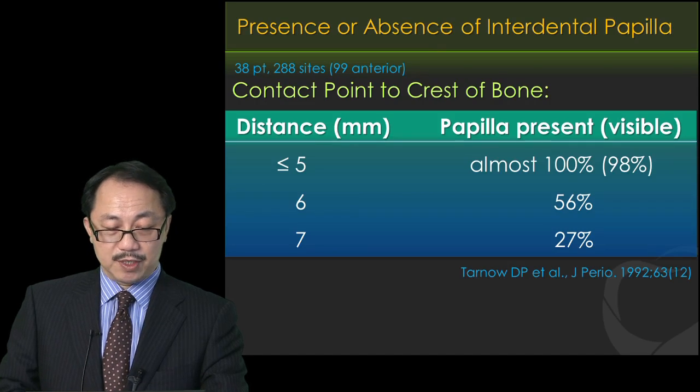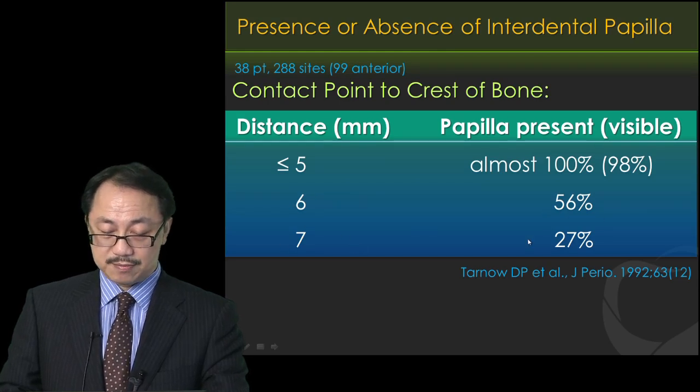For a distance of 6 millimeters, there's only half the chance that the papilla will be present, and at 7 millimeters, a quarter of the chance.